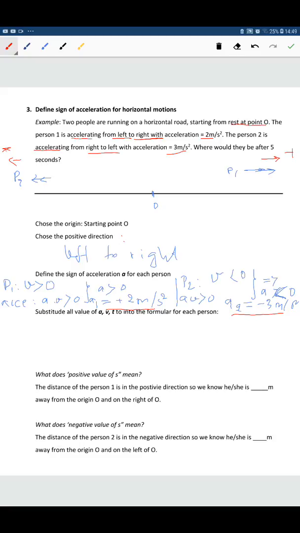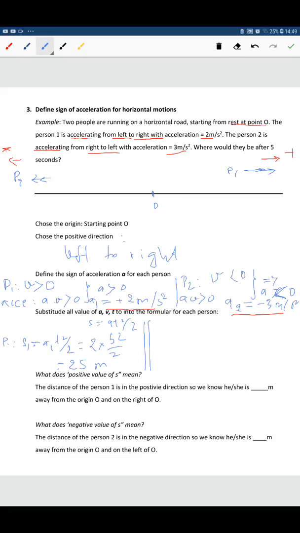To find the positions of the two people after 5 seconds, we need to plug all the information into the formula. I hope you still remember it, which is s equals a t squared over 2. That's the formula we are going to use. For person 1, s1 equals a1 times t squared over 2. a1 is 2, so 2 times 5 squared over 2 gives us 25 meters.